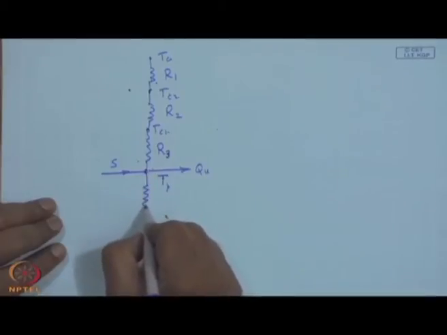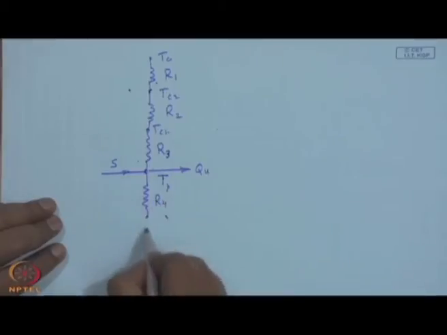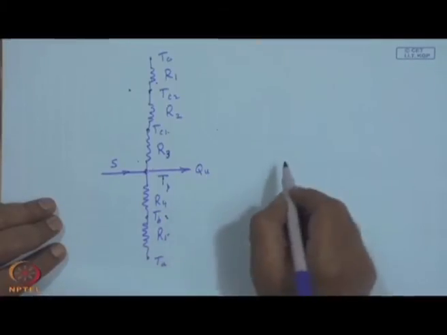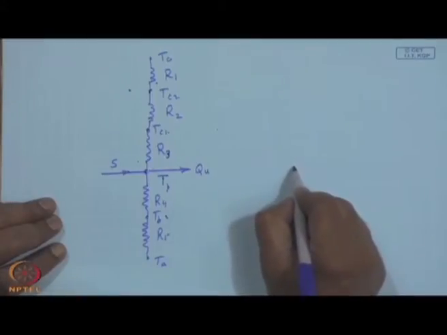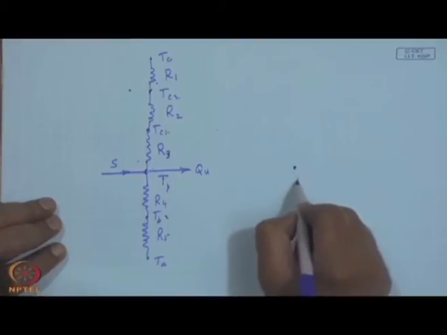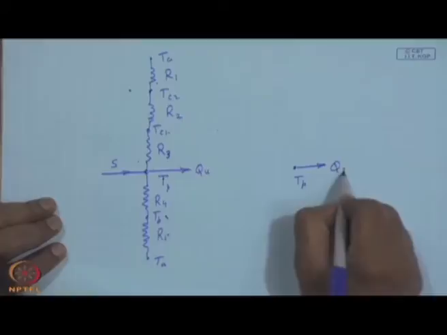You have the conduction resistance, this will be R 4, and the overall due to convection and radiation R 5 from the back temperature T b to T a. This overall can be further simplified as you have got T p and you have got Q u.